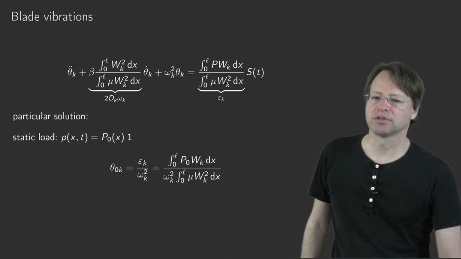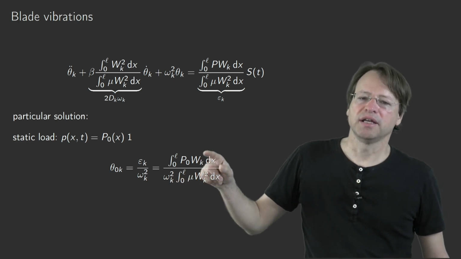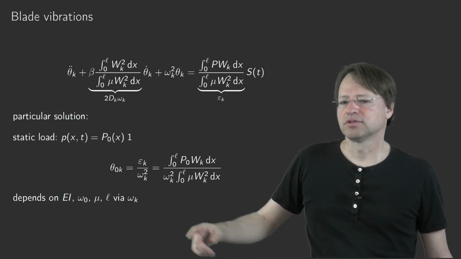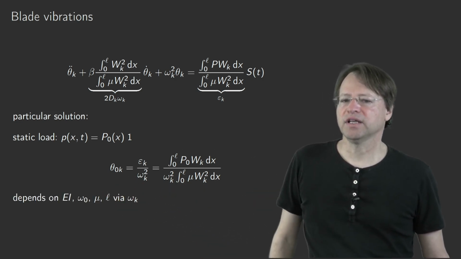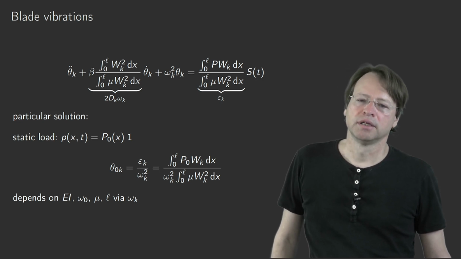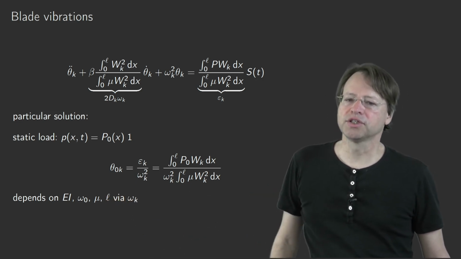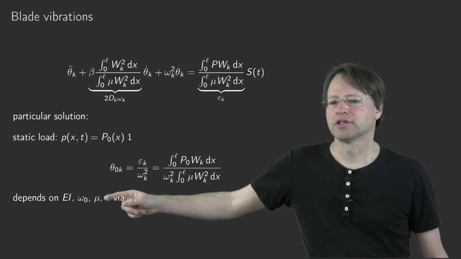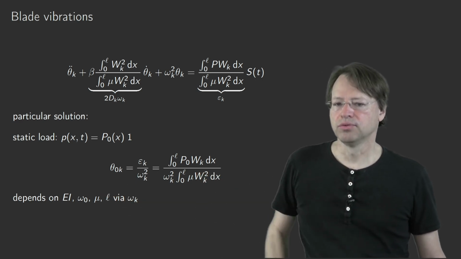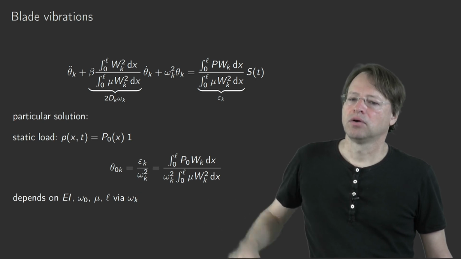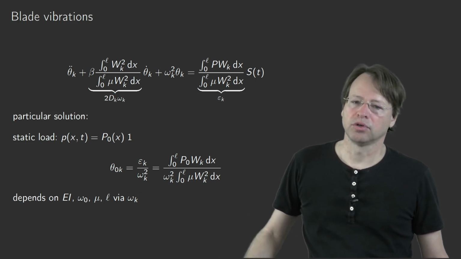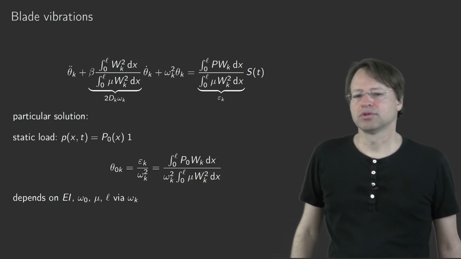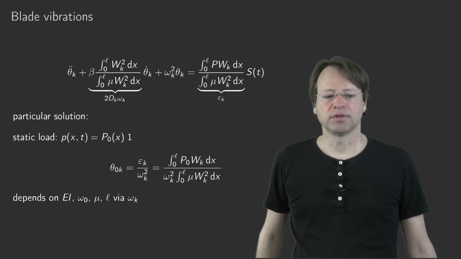But if you have a further look, then that mode, omega k and wk, well, depends on, for example, the bending stiffness, could depend on the rotational speed also, as we saw that the rotational speed influences the modes, the natural frequencies, depends of course on mu and also on L. Not only by this term here, but also via other mode omega k and wk.